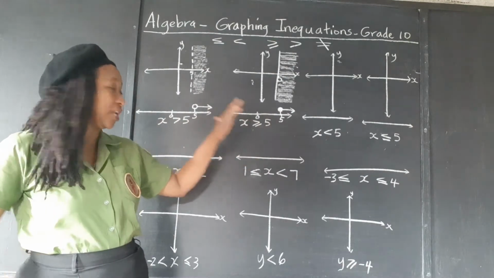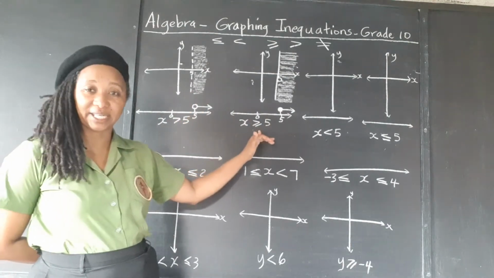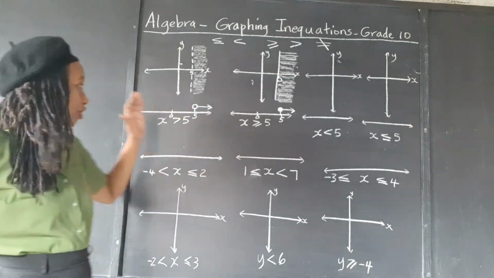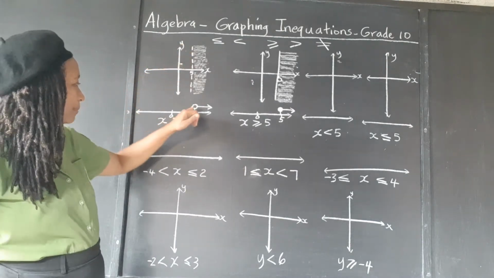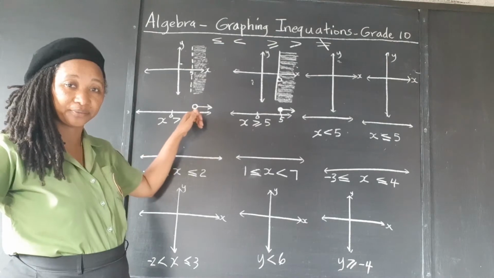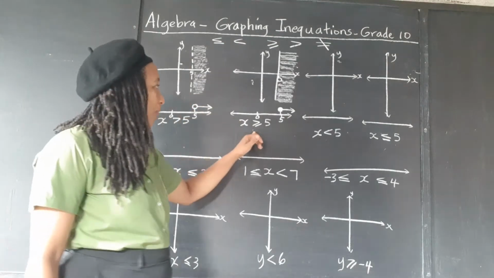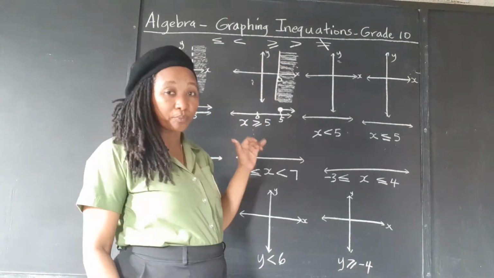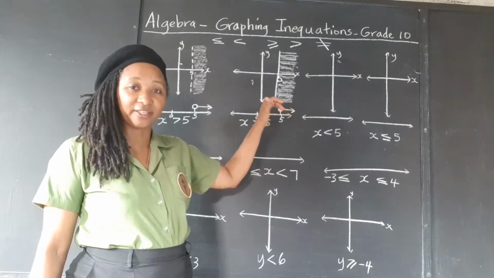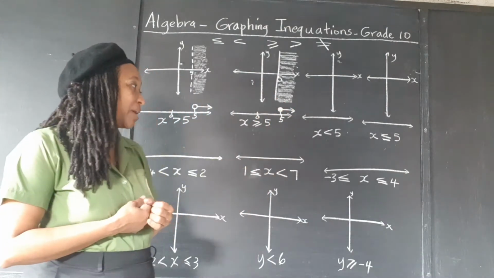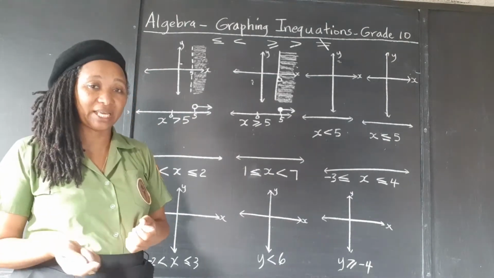When it's just greater than: broken line, empty circle, unshaded. Greater than or equal to: straight, unbroken line, and shaded circle. And it's the same principle for less than and less than or equal to.